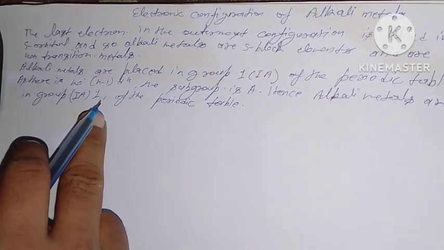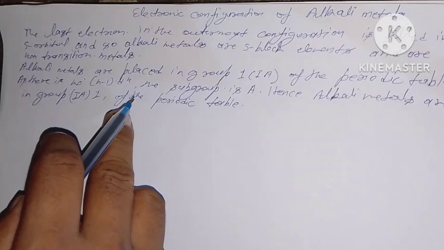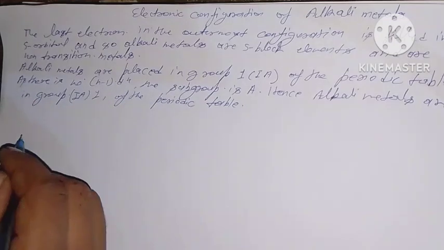The general outermost electronic configuration of alkali metals is ns1.